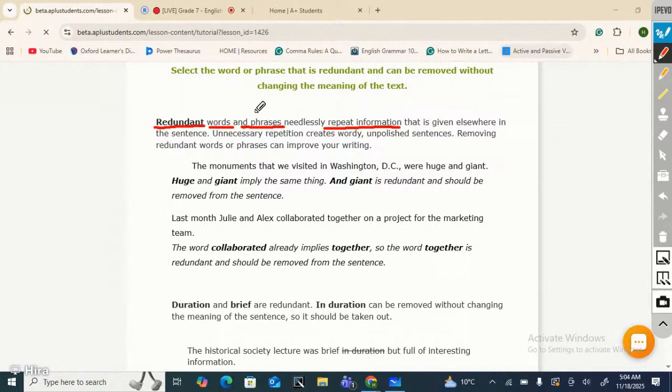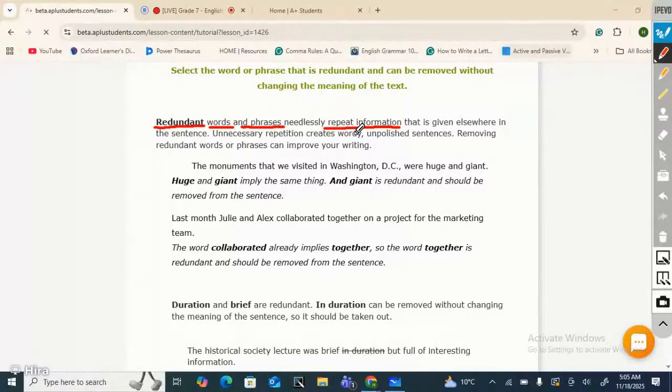They repeat information needlessly because there is no need to repeat this information.